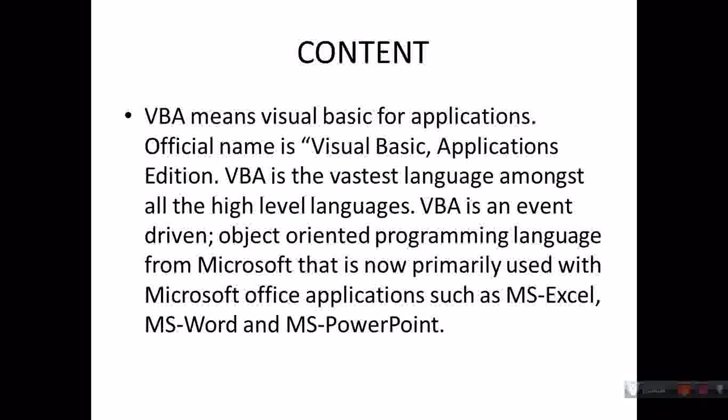So guys, we learned today that VBA, that is Visual Basic for Applications, is used to manipulate the data present in the databases, to apply the formulas in the Excel file, and to implement the functions. Okay, so let's move over to the Excel file.